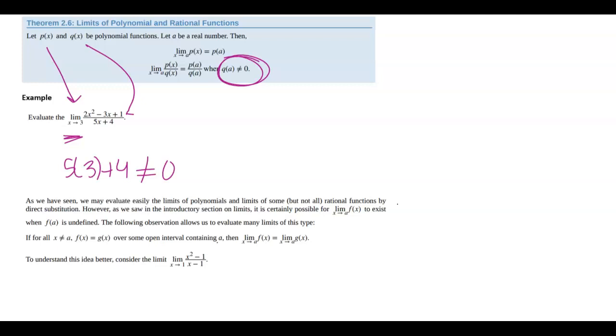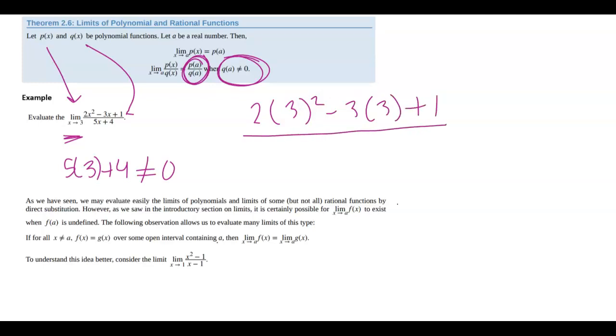So what this says is we can just take the limit of the top and the limit of the bottom by just plugging in a. So I'm going to say this is 2 times 3 squared minus 3 times 3 plus 1. And then here I am going to go ahead and evaluate that denominator. I plugged in 3 because that's where we're taking the limit.